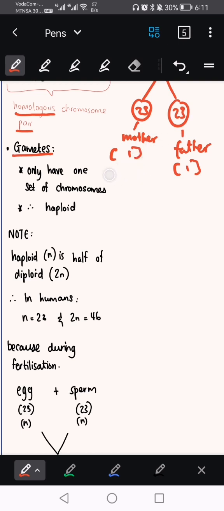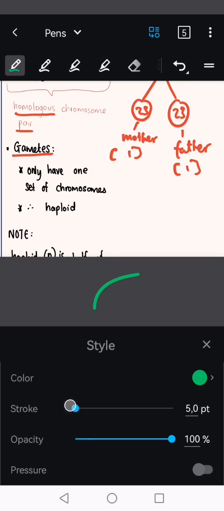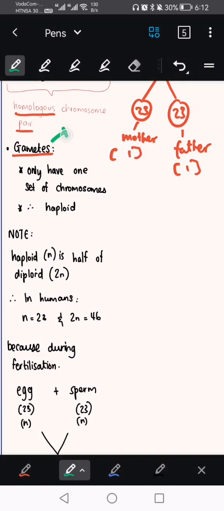Gametes deal heavily with meiosis. So gametes only have one set of chromosomes. What do we mean when we say one set? They have 23, because the two gametes are the egg and the sperm, and the egg and the sperm will fuse. So 23 and 23 will fuse to give you 46. And therefore we call them haploid.